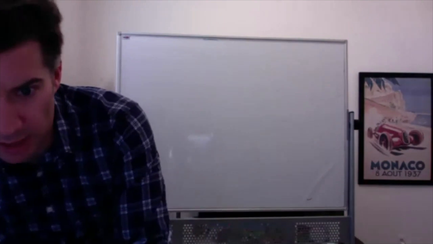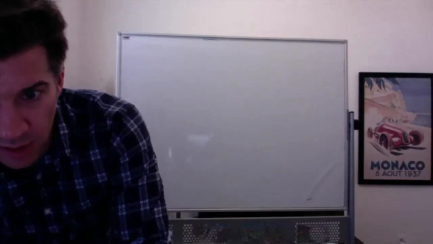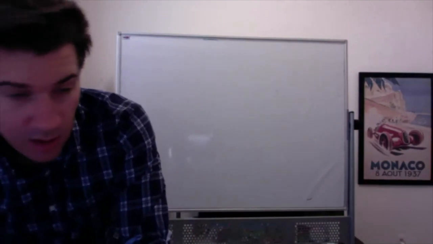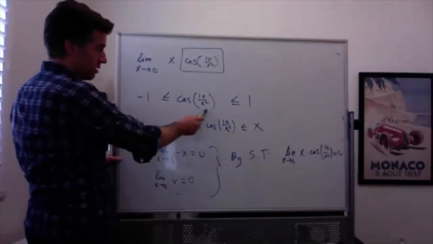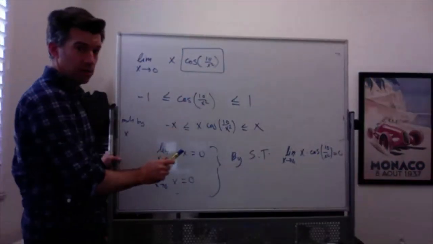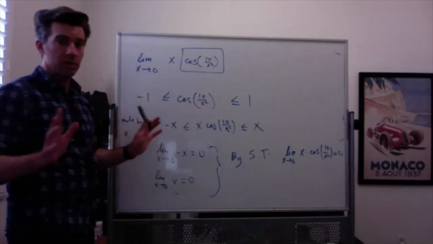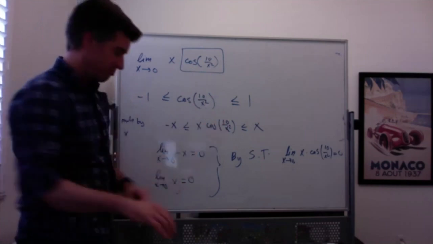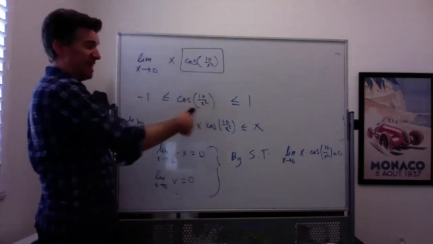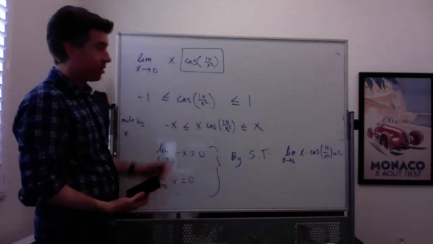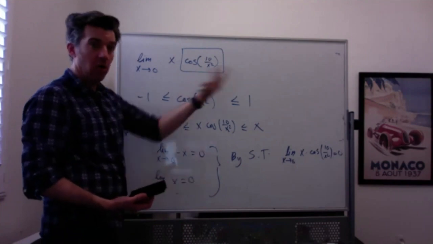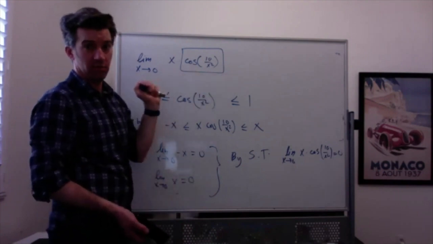Oh, well, do you mean like in the inequality with -1 and 1? Well, no. So it's in there, right? So what I'm saying is, it doesn't matter what that is. Cosine of take your pick. This part here can be anything. Cosine of anything is always between 1 and -1.